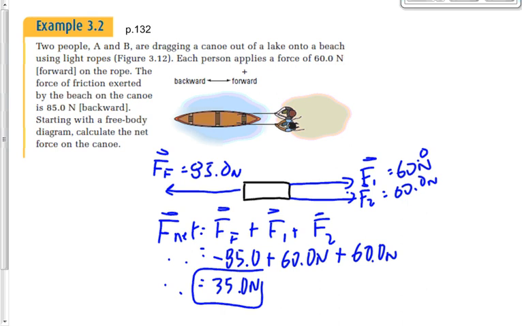That's a good question. In this case, they have already done that. They've said positive is forward. So therefore, 35 newtons of positive value means forward. Sometimes I get a little careless and I don't write that. I should always write that if they don't do it for me, that positive is forward, negative is backward.